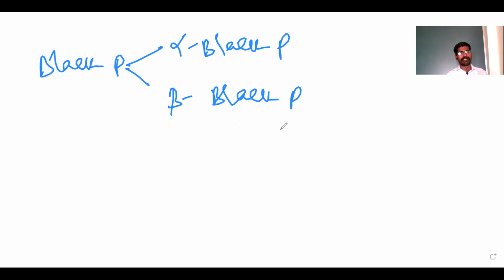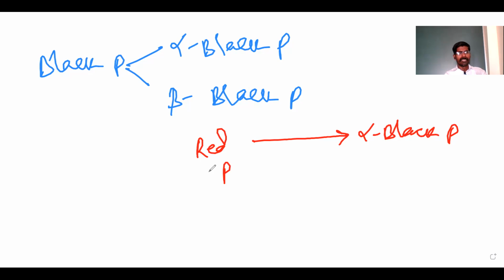Alpha black phosphorus is obtained by heating red phosphorus.